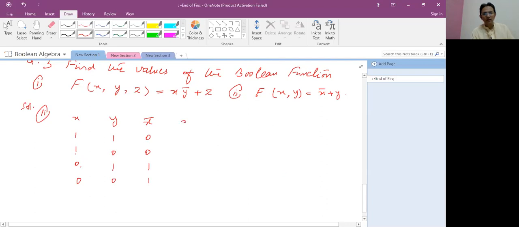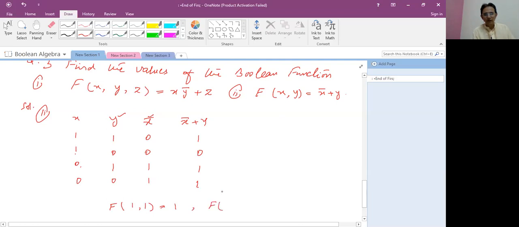Now in the next column, x complement plus y: when we add both columns, 0 plus 1 is 1, 0 plus 0 is 0, 1 plus 1 is 1, and 1 plus 0 is 1. So we find the value at each variable. When x is 1 and y is 1, the value of the function is 1.